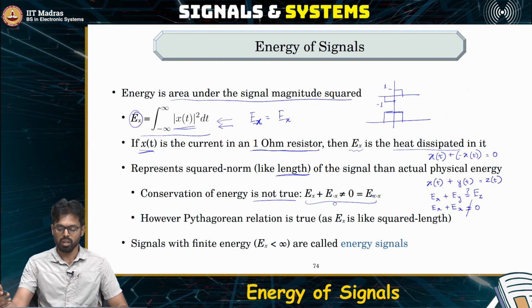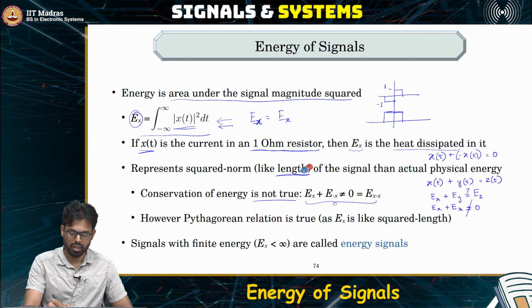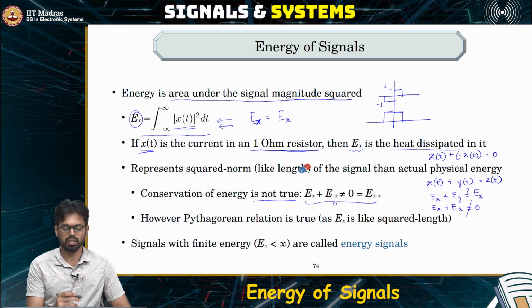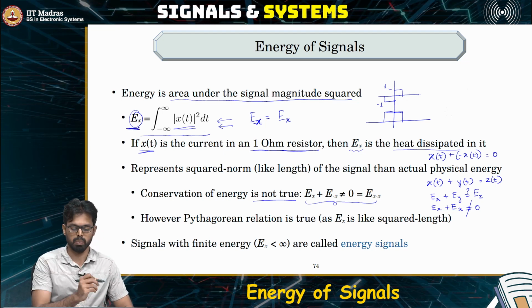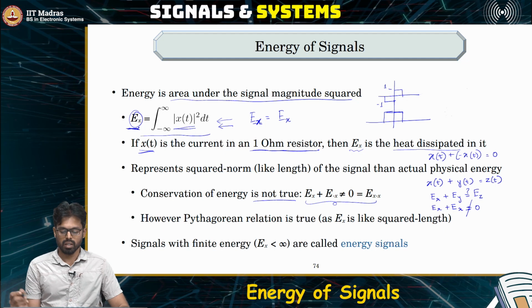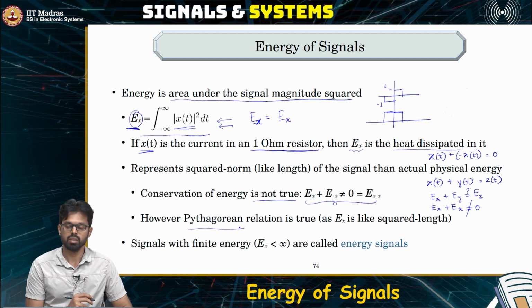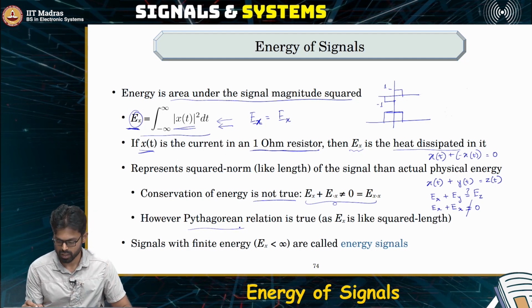But what you should be doing is treating it like a vector whose length is given by this number. Which means the Pythagorean relation holds true. What do we mean by Pythagorean relation?